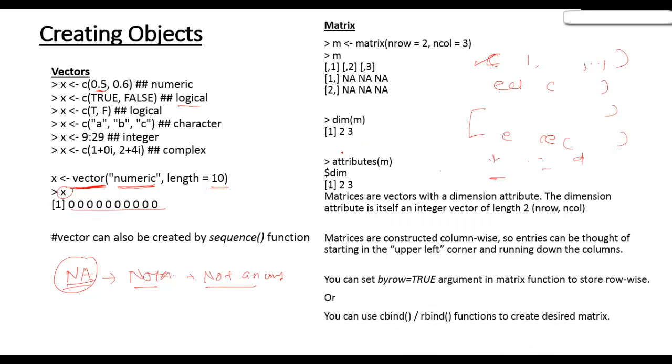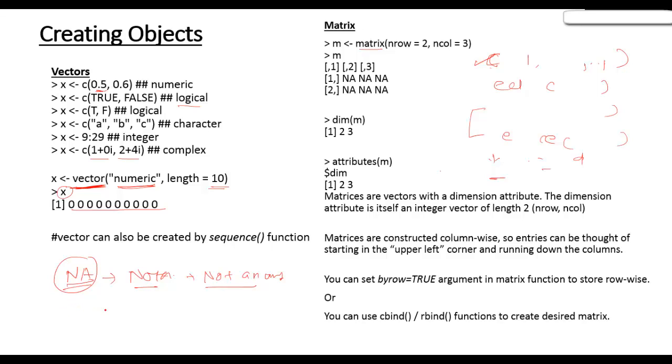Well, after vector, we have another type of object which is matrix, and matrix is basically a dimensional extension of the vector. If you haven't observed, the vector you are seeing cannot be extended to more than one dimension. That's actually the main problem with vectors, because vectors demand a homogeneous data type.